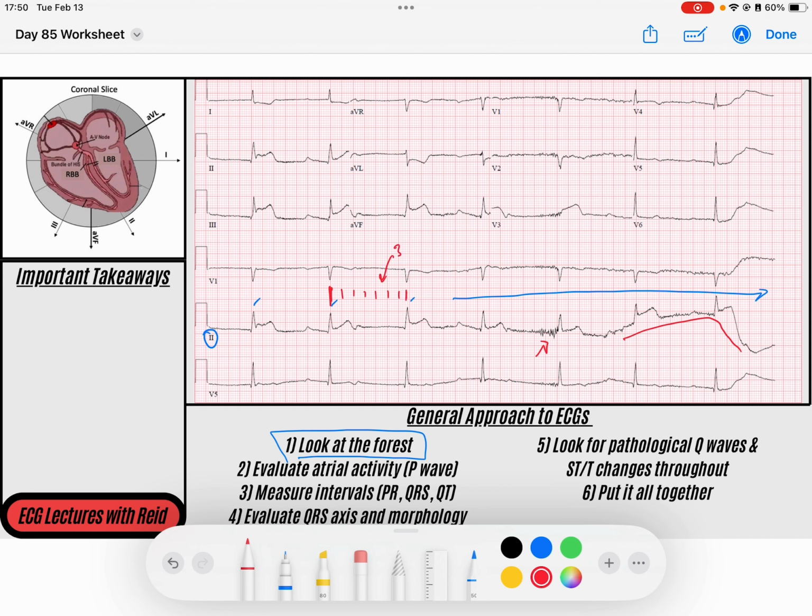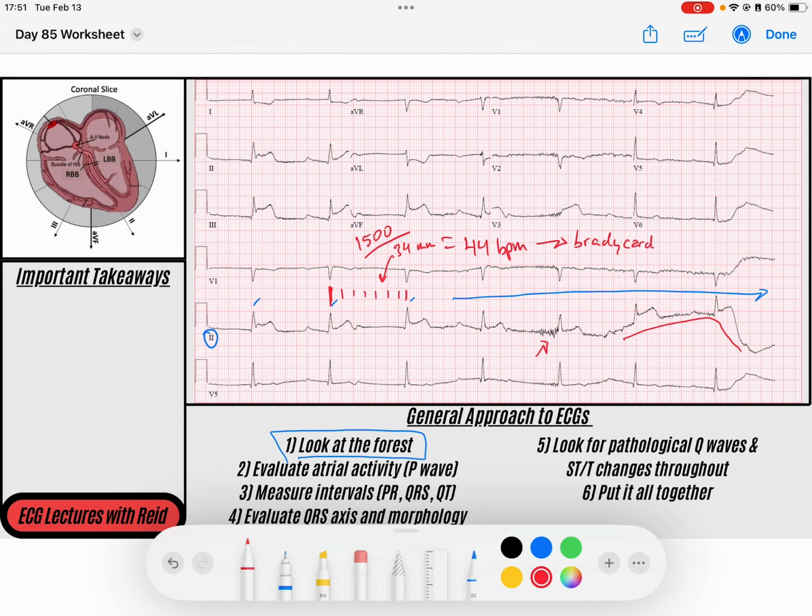So we have 34 millimeters between the two R to R's. The best way to get a good calculation is 1500 divided by 34, which is going to be 44 beats per minute. Okay, so we've got a bradycardia.